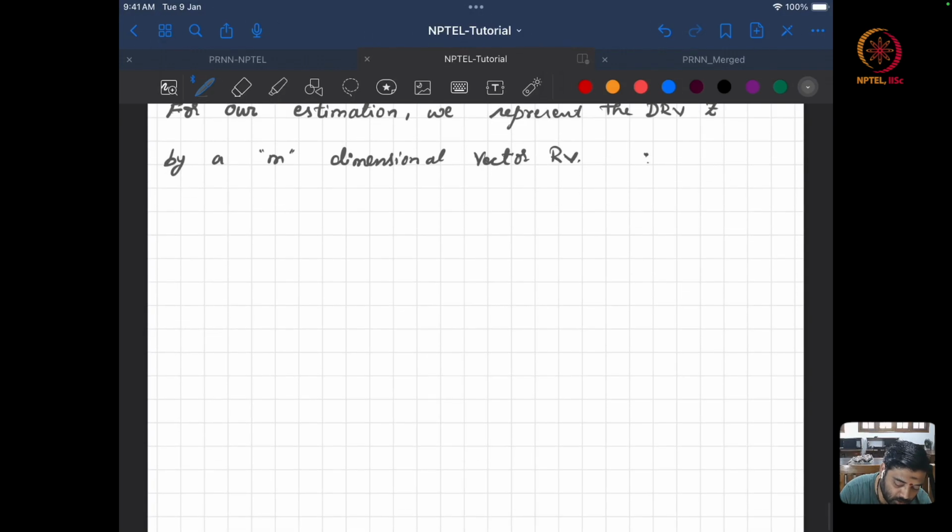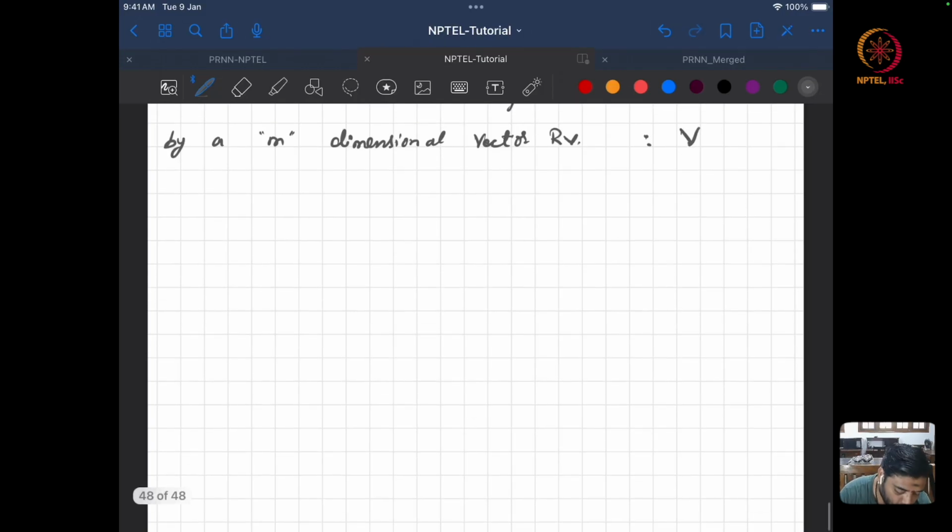Now let's call this new random variable v. Now this v takes m possible values. Okay, m possible values.